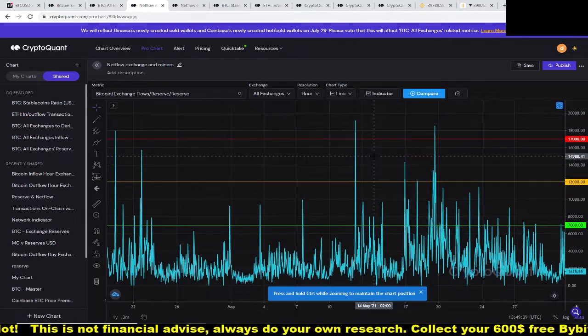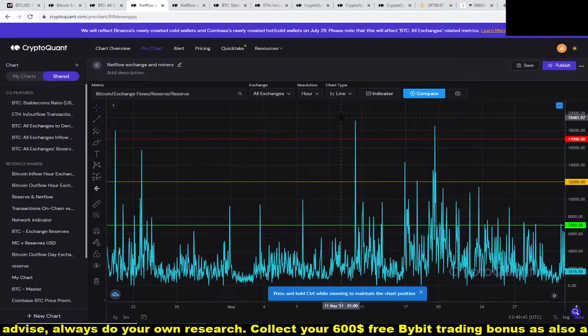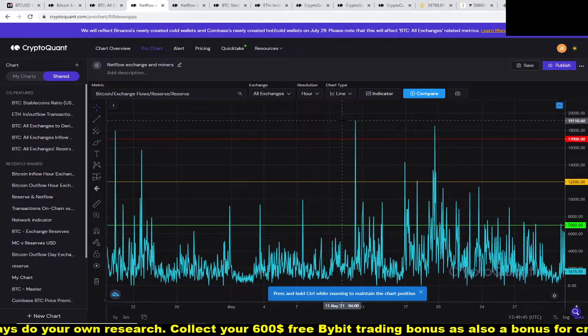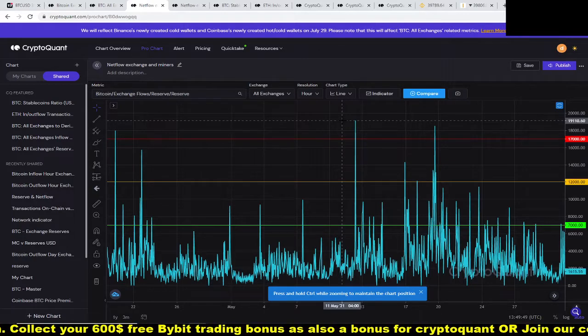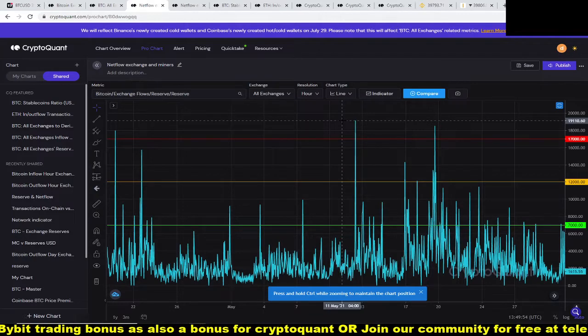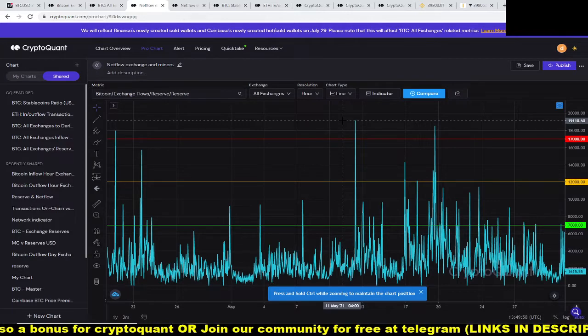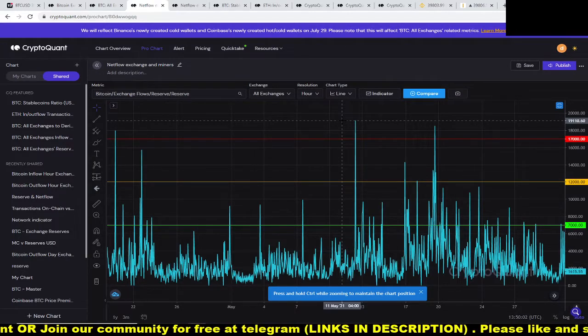You can make the idea about this: if I am a whale and I'm depositing 20,000 Bitcoin onto an exchange, then I'm not doing that to do nothing with my Bitcoin. I take them from my ledger wallets and put them onto exchanges. That's to sell. That's the only thing, to sell.